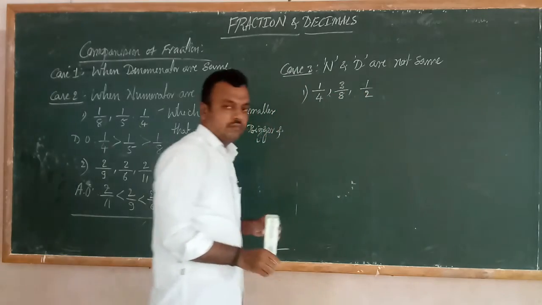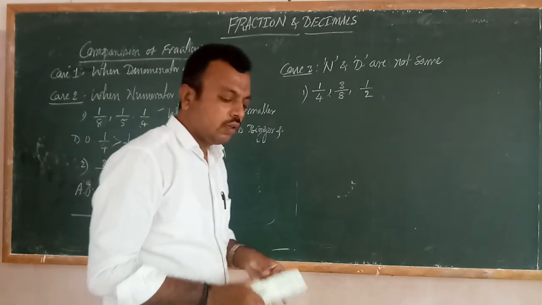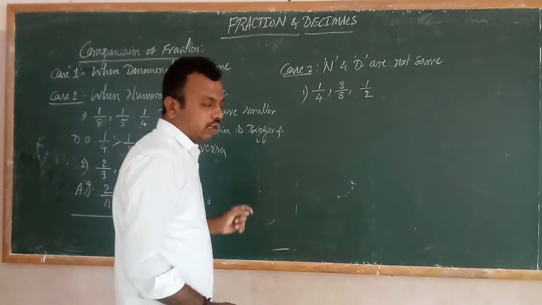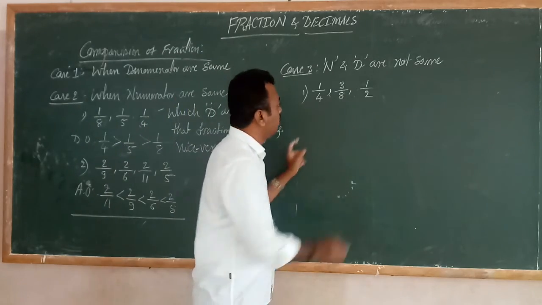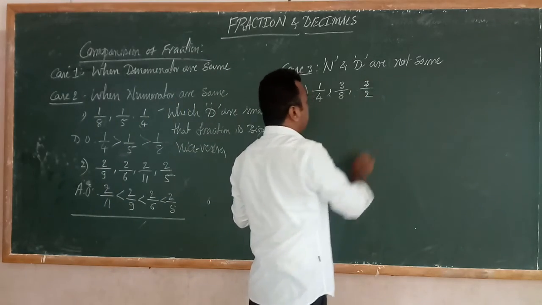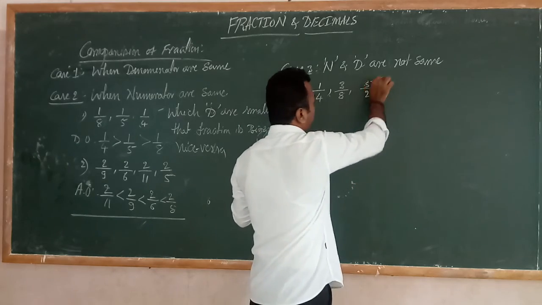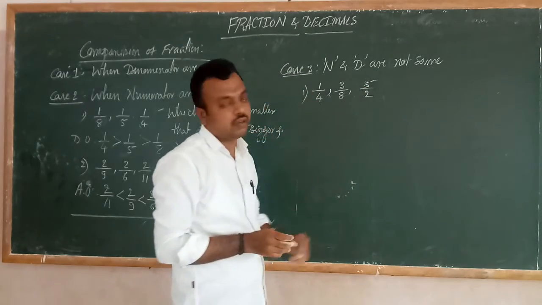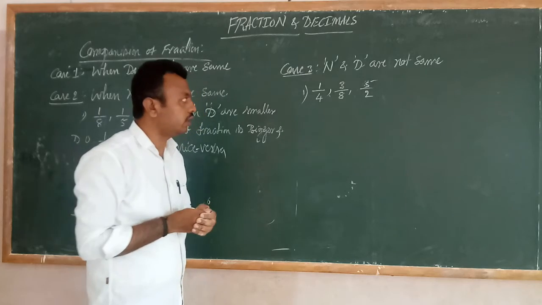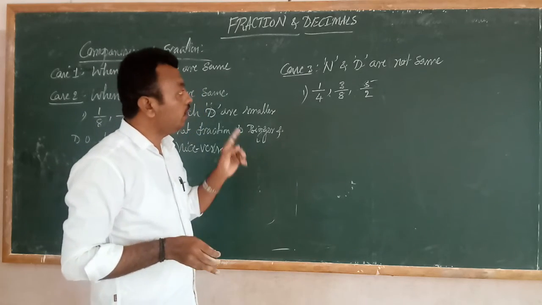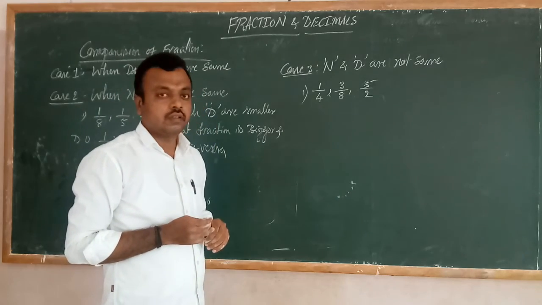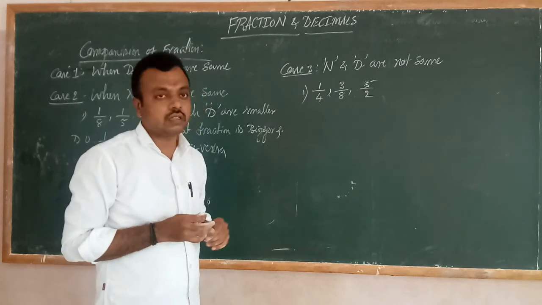Now I will write the ascending order. Otherwise I would have to take 5 by 2, because I have to give different denominators and different numerators. Here all the numerators are unequal and all the denominators are also unequal.